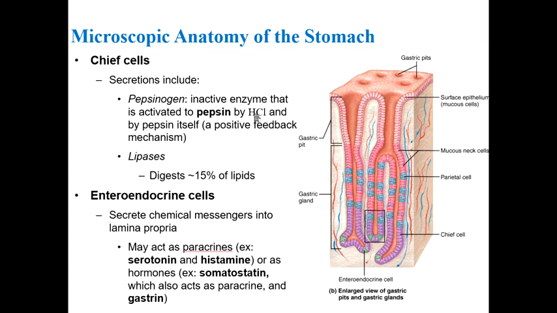So basically hydrochloric acid will activate pepsinogen to become pepsin, so pepsin can perform its job. Actually, pepsin itself will activate pepsinogen into pepsin. That's a positive feedback mechanism. We haven't really talked about what pepsin does yet, but we will. And lipases, which will digest lipids, at least 15 or so percent of them.